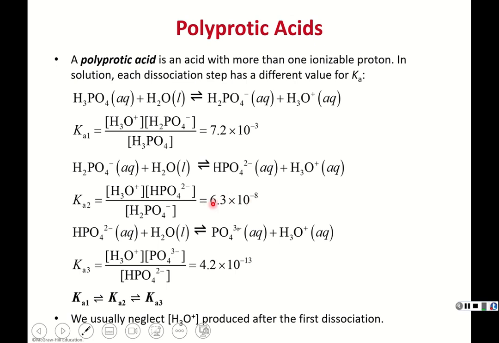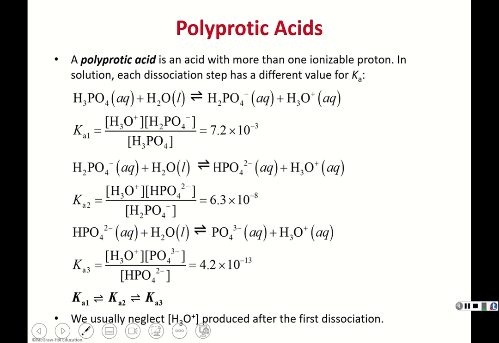And here it's written as 6.3 times 10 to the minus 8. Notice how it's smaller. That second proton is always going to be smaller than the first proton's Ka value, right? Because the first one that gets lost is going to be a stronger acid because it happens first. So it's going to have a larger Ka value.